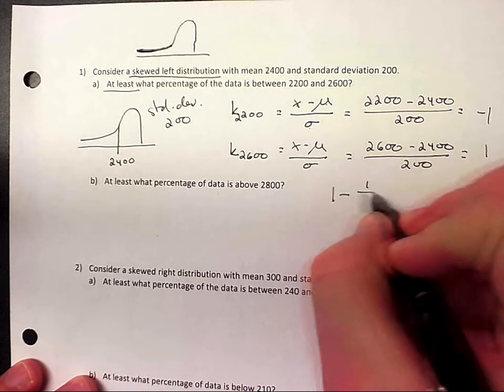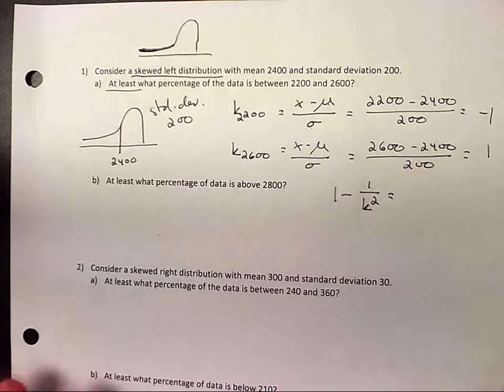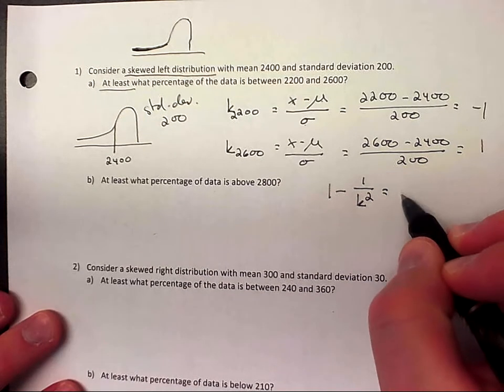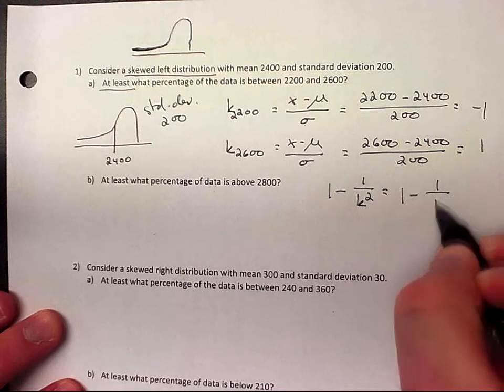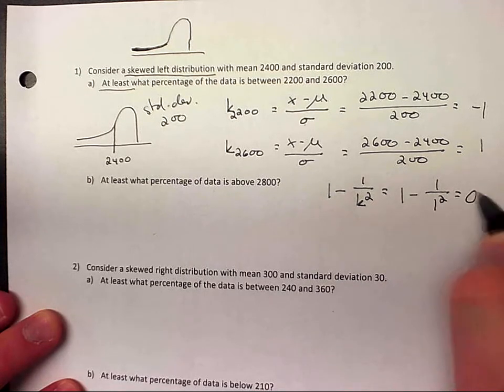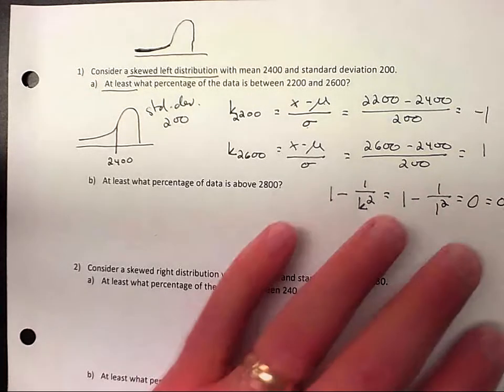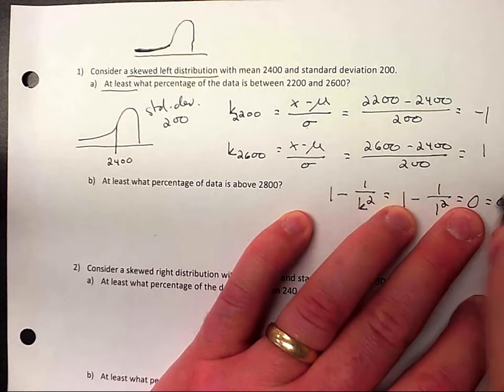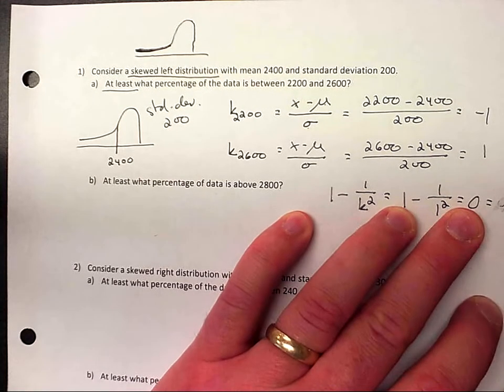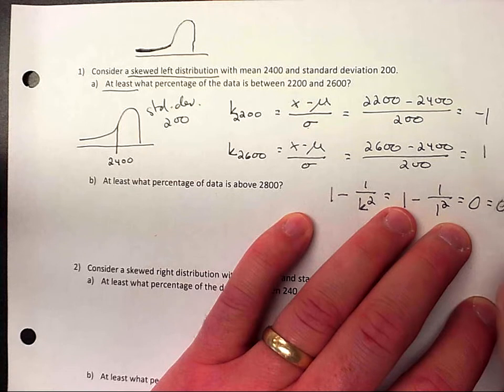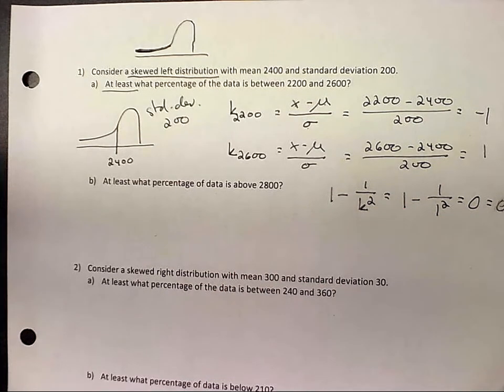Awesome. So now we're going to have 1 minus 1 over k squared. Again, it doesn't matter whether you plug in +1 or -1 for k, since we're squaring it. So we're going to have 1 minus 1 over 1 squared, and this is going to be equal to 0, or 0%.